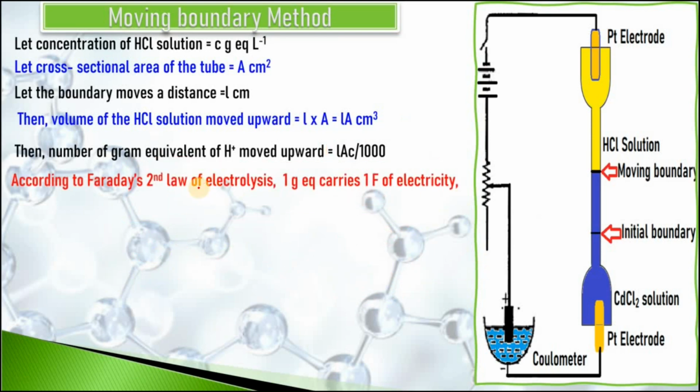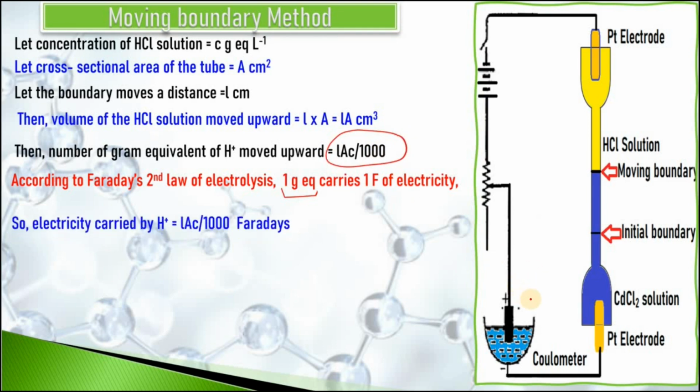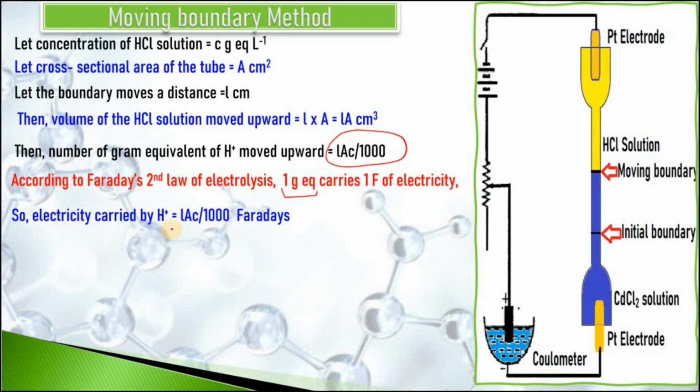As we discussed, Faraday's second law of electrolysis states that 1 gram equivalent of ions carries 1 Faraday of electricity. So these many gram equivalents will carry equal Faradays of electricity. That means the electricity carried by hydrogen ion is equal to L into A into C upon 1000 Faradays.